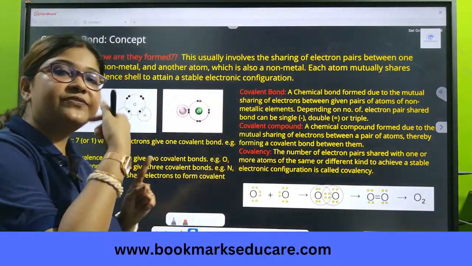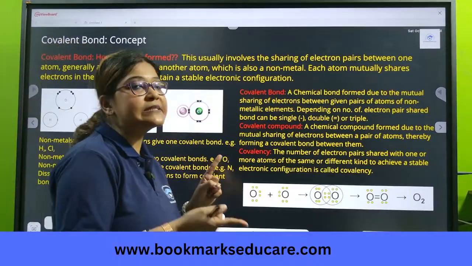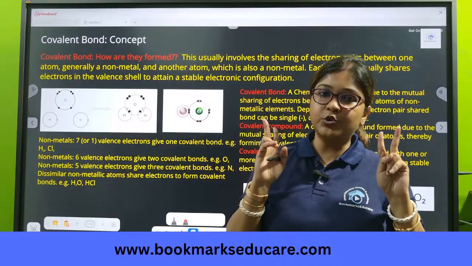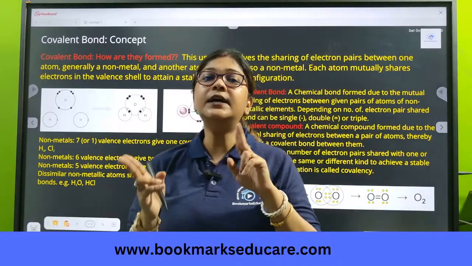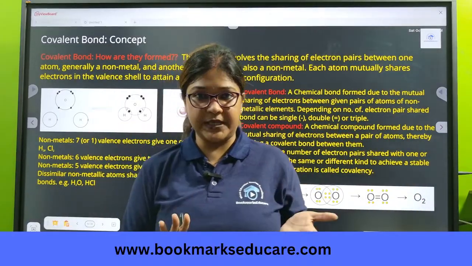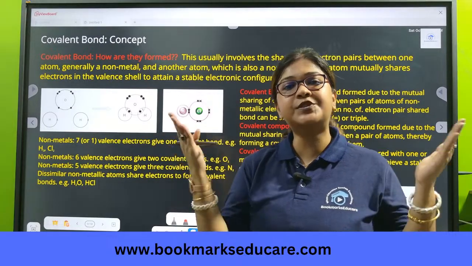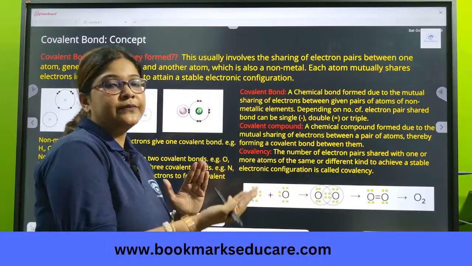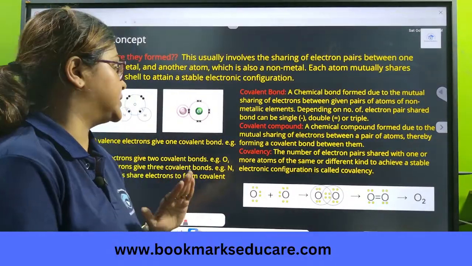Here transfer of electron does not take place, but there is sharing of electrons between the 2 atoms, and the sharing comes mutually. That means both the atoms contribute their electron pairs, and therefore the bond is formed.